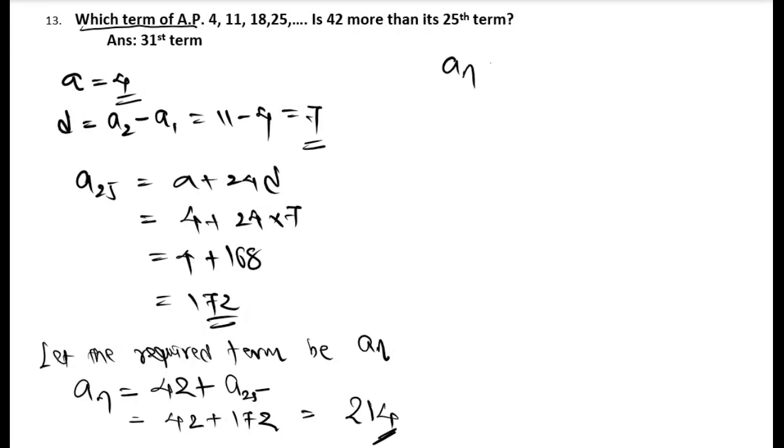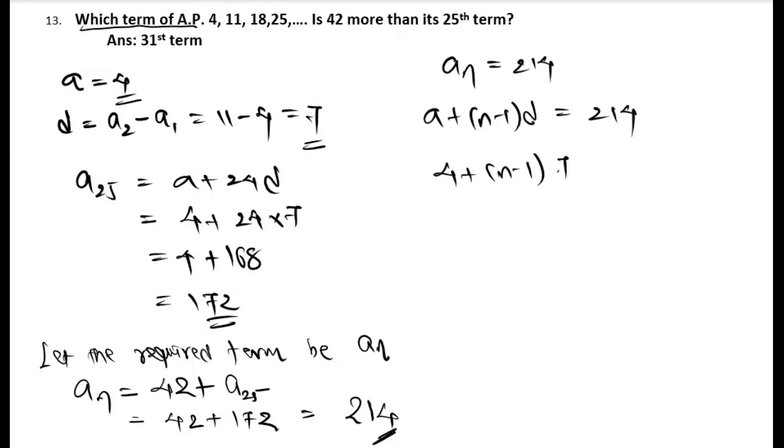The nth term is 214. So a plus (n minus 1) into d is equal to 214. So a is 4 plus (n minus 1), d is 7, equals 214.